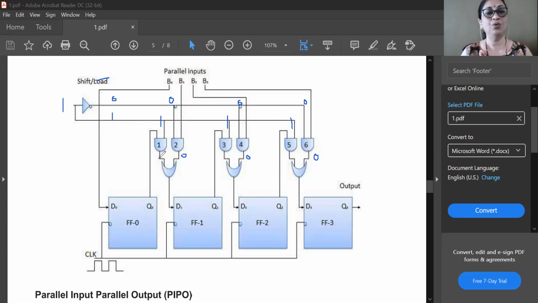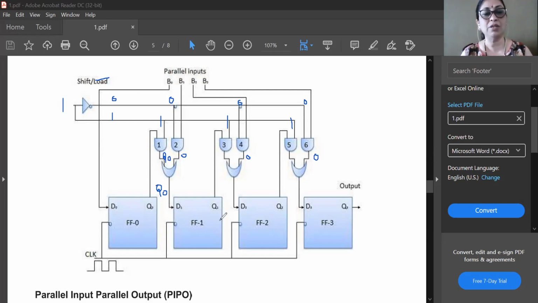So 1 into Q0 will be Q0, and Q0 plus 0 is again Q0. So D1 will be equal to Q0. That means it is as if you have connected Q0 to D1. So you are connecting Q0 to D1 through this AND gate during the shift operation.